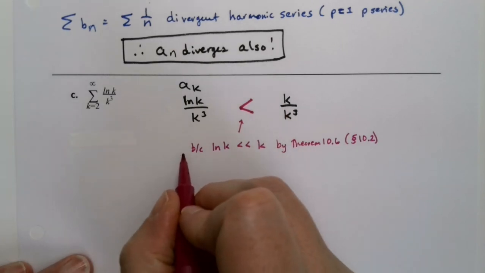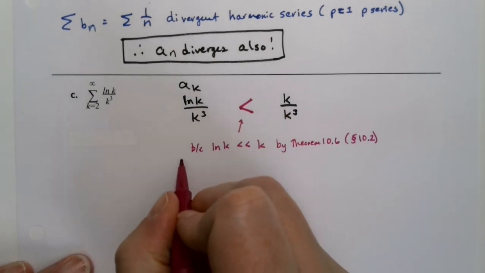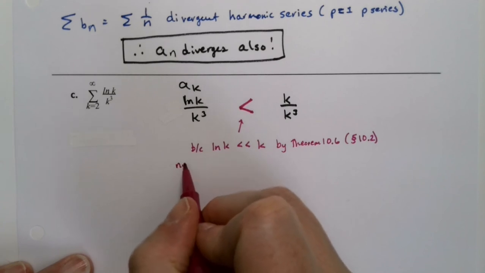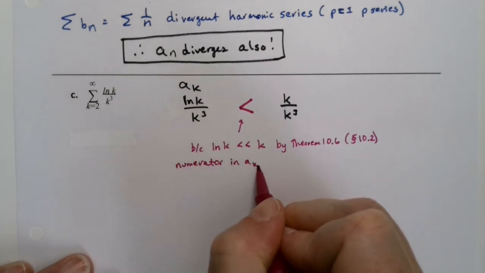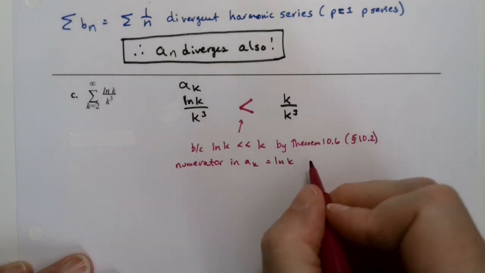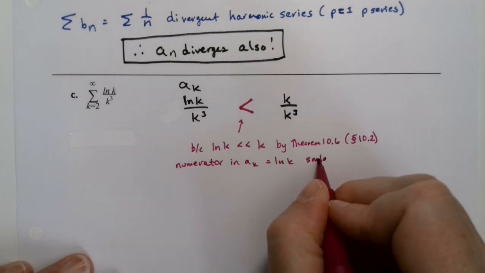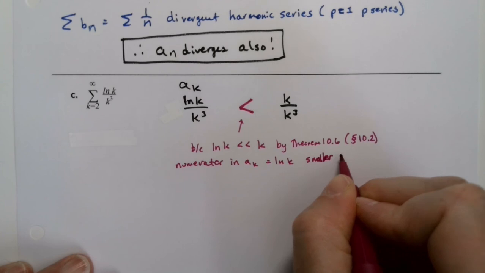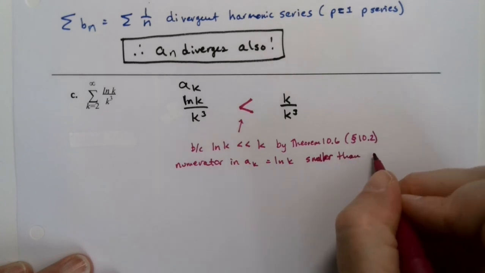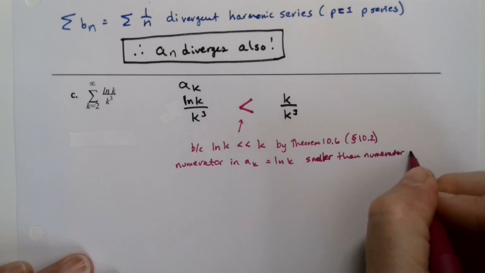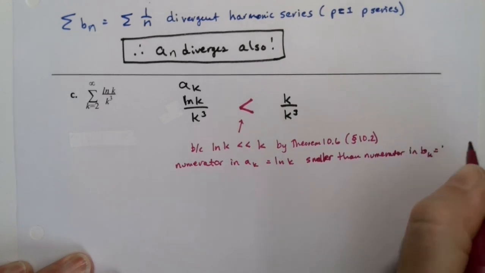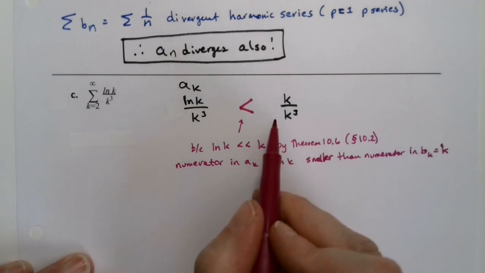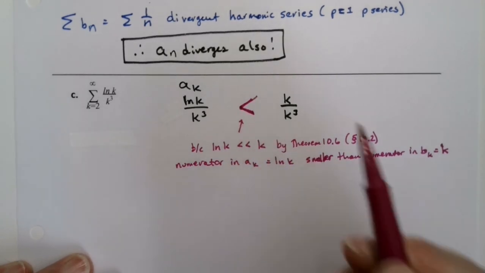So the numerator in a sub k is smaller than the numerator in b sub k, which is k. When your numerator is smaller, it makes your overall fraction smaller, and that's why this is going this direction.